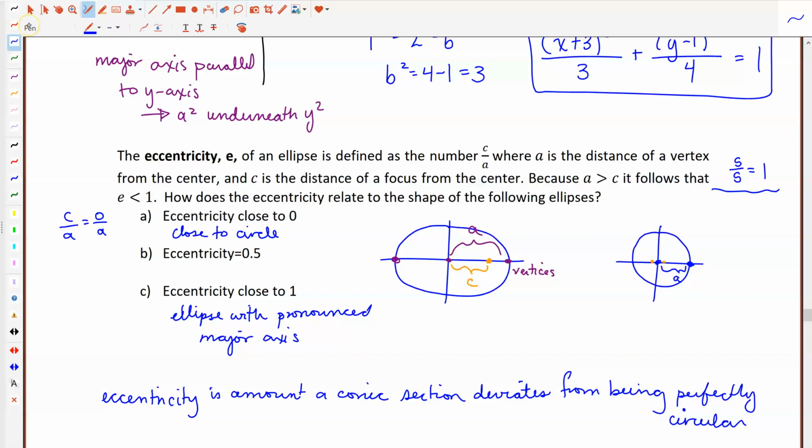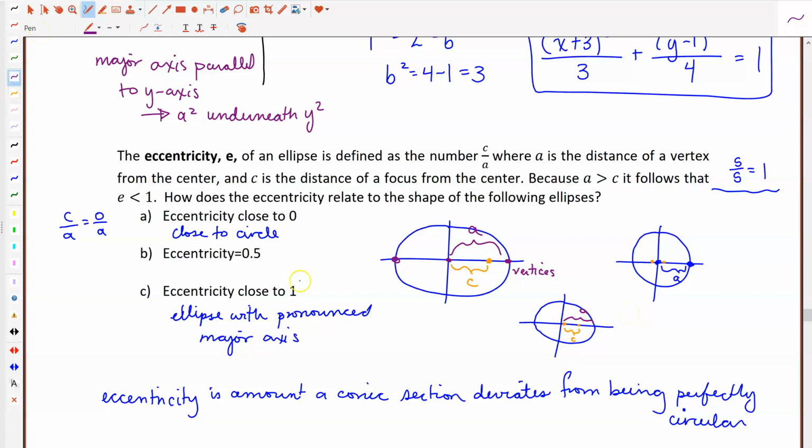Then for the ones that have an eccentricity of about 0.5, maybe one last sketch down here. If I were to sketch this out, the distance from the center to a focus is going to be half of whatever this distance is.